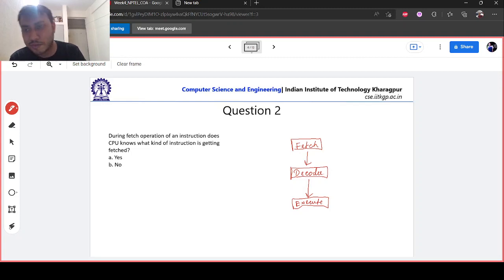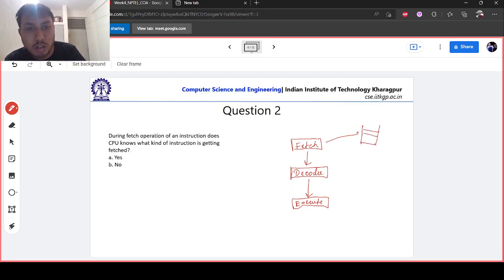Then execute. This is the general procedure that is followed for an instruction, for the instruction register. During the fetch operation, we fetch the instruction from the memory address.